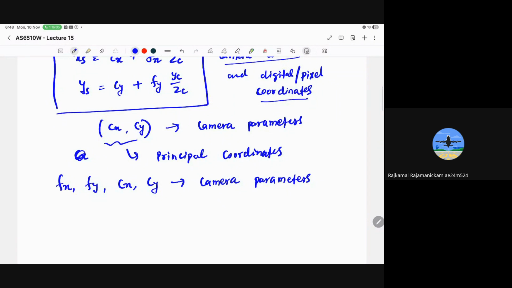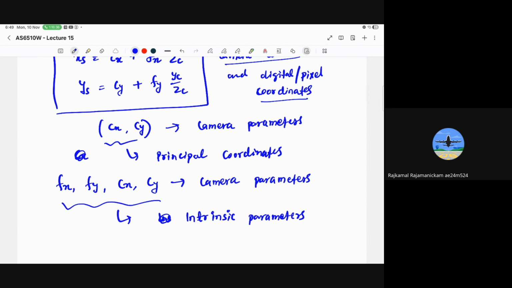The moment you have the camera, you will know these parameters. The other name for these parameters is intrinsic parameters, the inherent property of the camera.